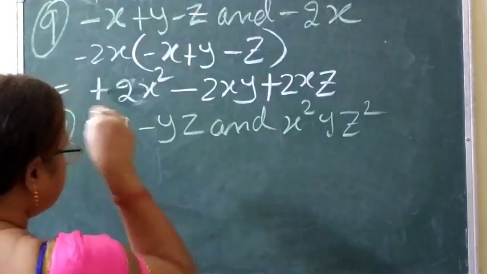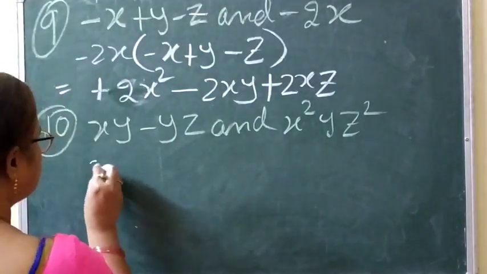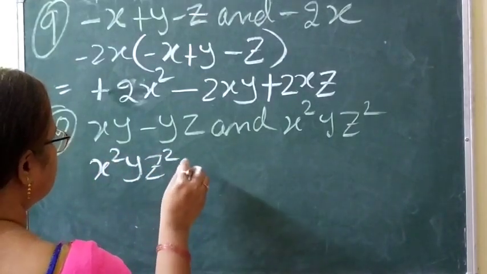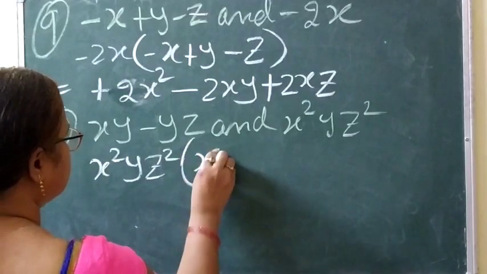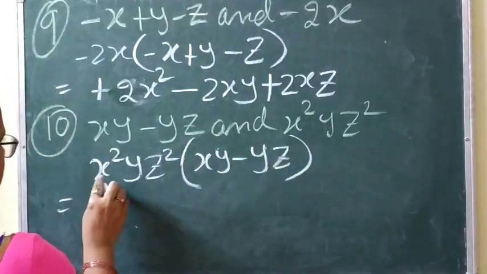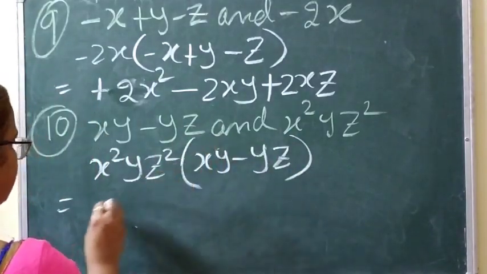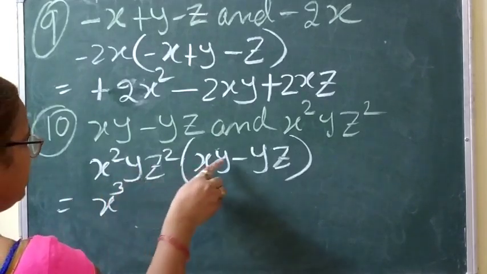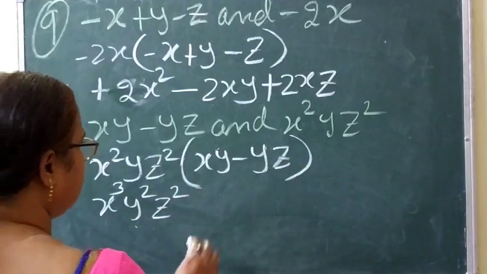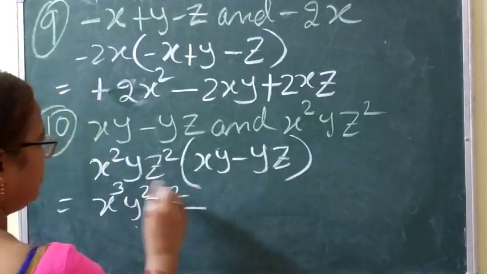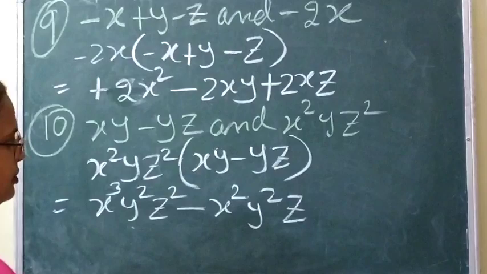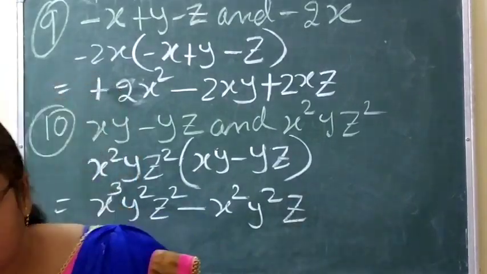So first we will write x square y z square. Then inside the bracket xy minus yz. Okay. Then x square and x to the power 1, x to the power 3, y into y, y to the power 3, and then z square. Clear? Then again minus x square, then y square, and then z. Okay. Now next question.